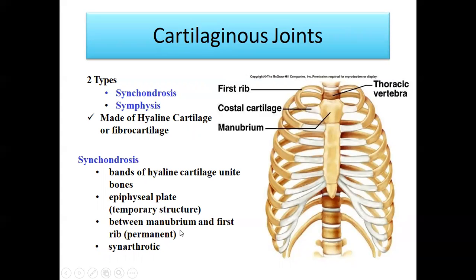This is a permanent structure. So this is the manubrium. This is the first rib. This is the cartilage that connects the two. So you have your synchondrosis. All right, bands of hyaline cartilage that unite bones.